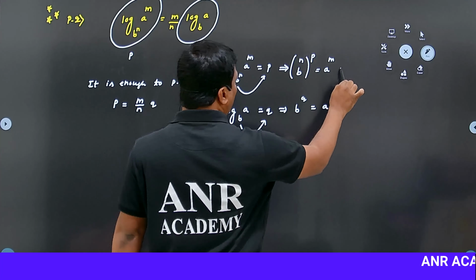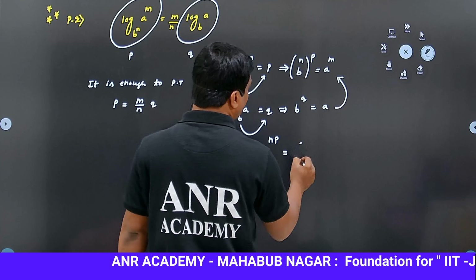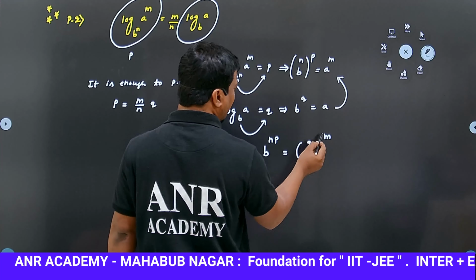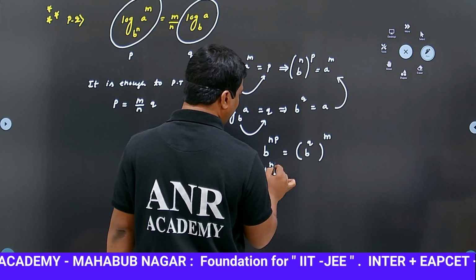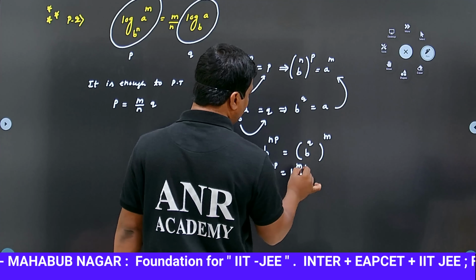What happens? Observe, b power np, this one, a power m, but the value of a is b power q. So b power np equal to b power mq, a power m whole power n, that is a power mn.